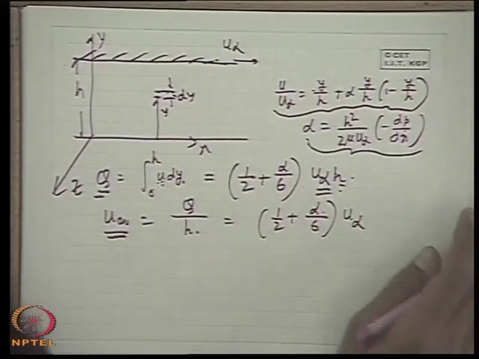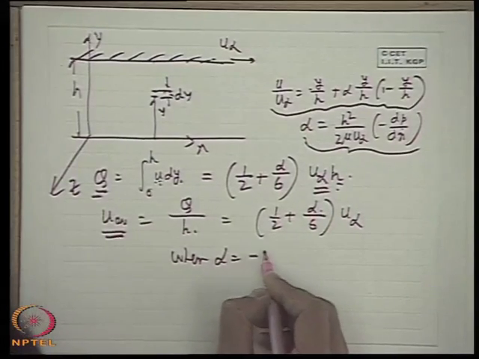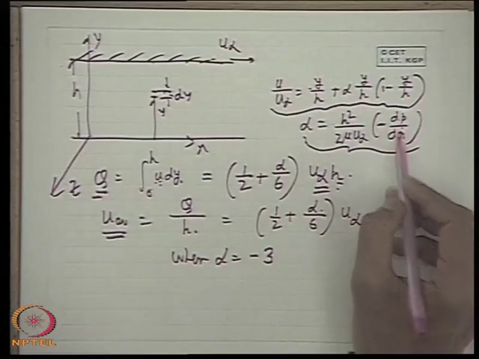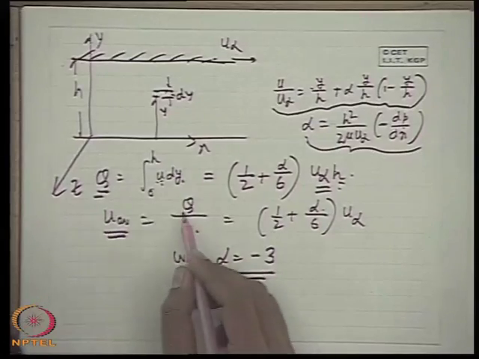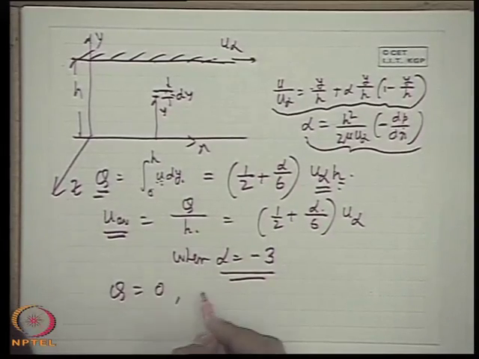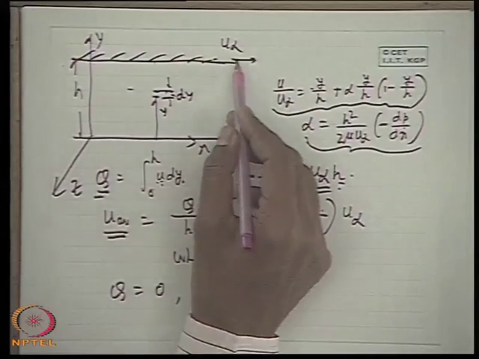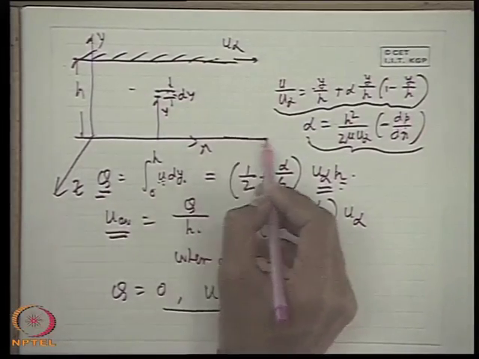Now, we see one interesting thing: when alpha is equal to minus 3, that is an adverse pressure gradient case, that means when dp dx is positive and its value is such that alpha becomes minus 3, then q is equal to 0 or u average is equal to 0. That means there is no net flow in the positive x direction. What happens in this case?